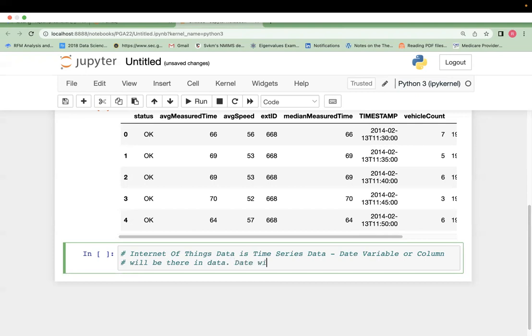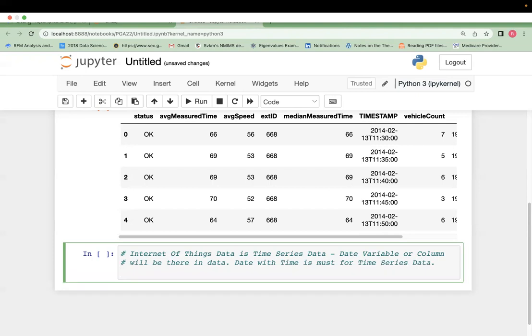Date with time is a must for time series data. Basically, we use the word timestamp. Timestamp means date with time.